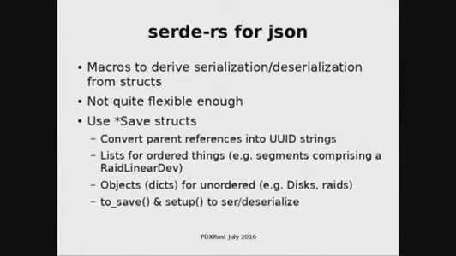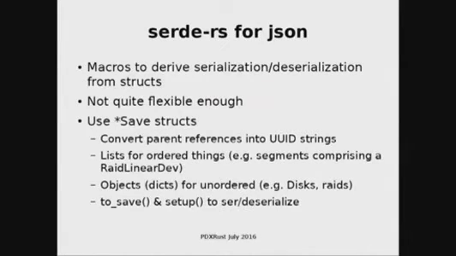Unfortunately, remember what I was saying before about everything kind of having RefCells to all the other different layers? Serde has a problem with that because you get loops. You have your parent, and then your parent is pointing back there, and it just kind of goes around and around and doesn't support that.